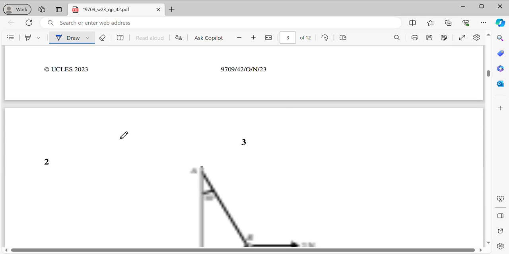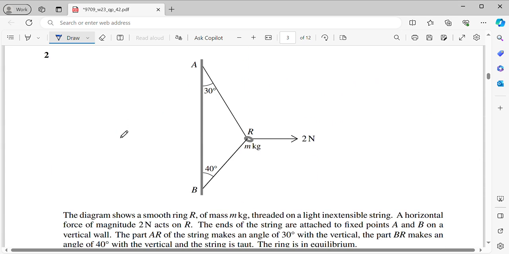Okay, now question number 2. The diagram shows a smooth ring R of mass m kg, threaded on a light inextensible string. A horizontal force of magnitude 2 newtons acts on R. The ends of the string are attached to fixed points A and B on the vertical wall.